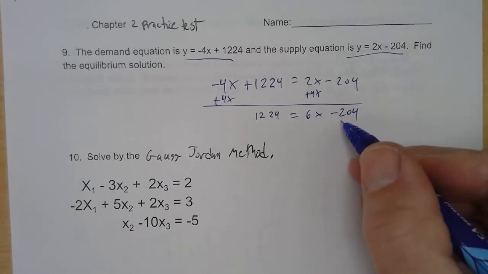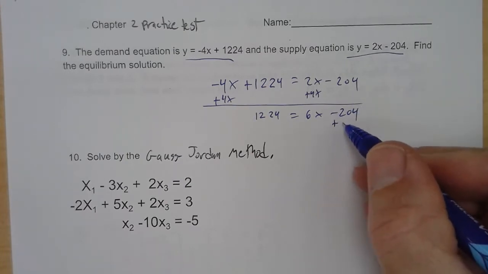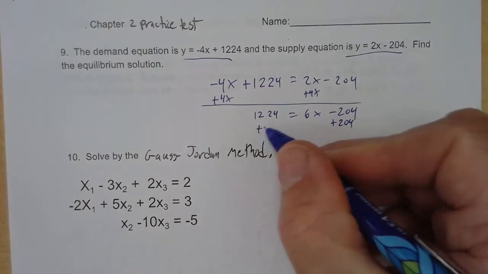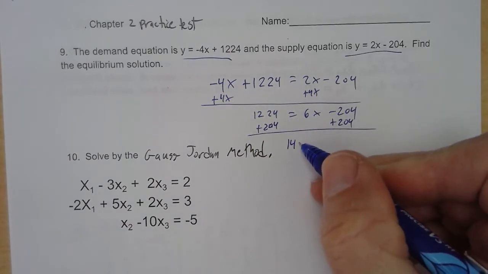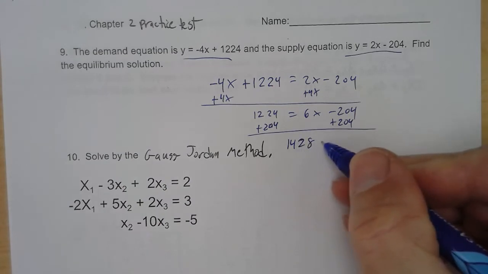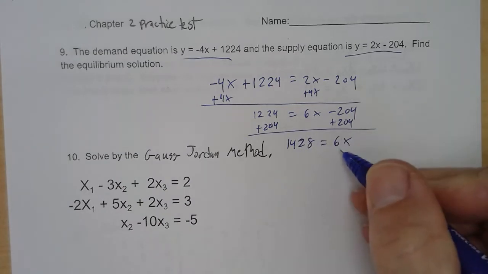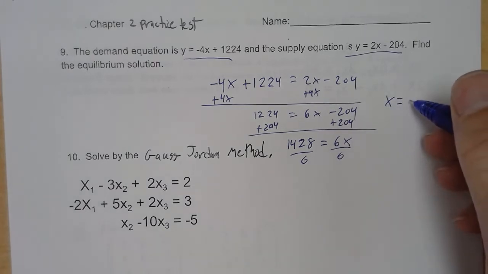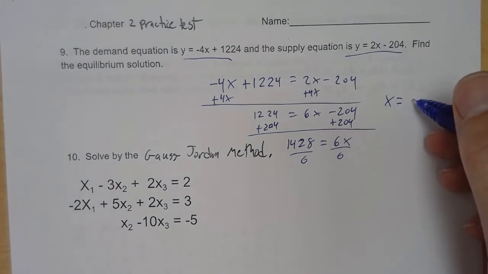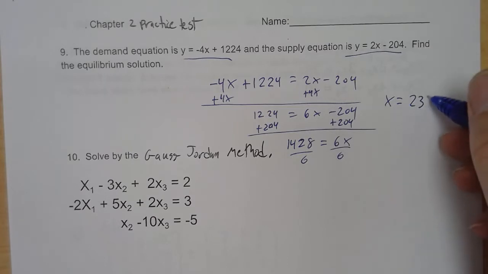Then I'm going to move the number over, so add 204, add 204, and I get 1428 is equal to 6x. Divide by 6, so I get x is equal to 238.